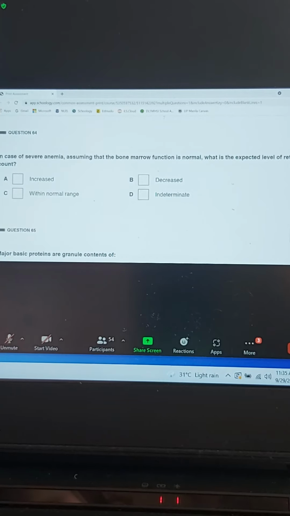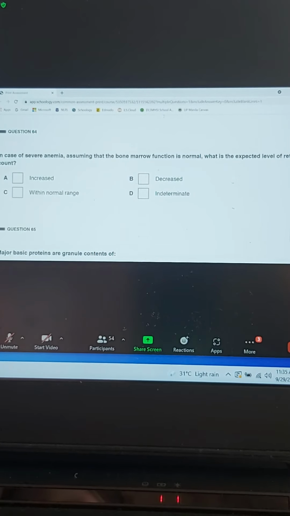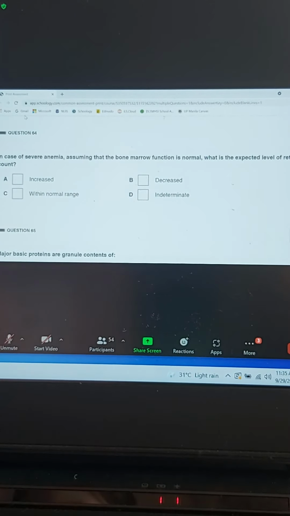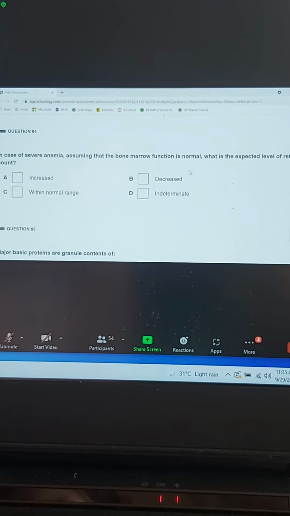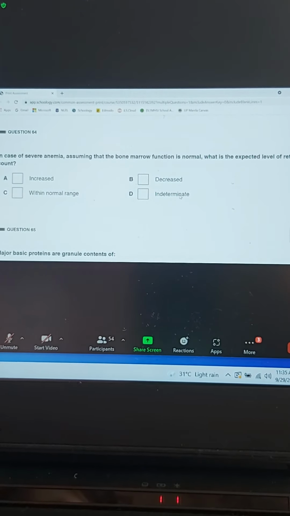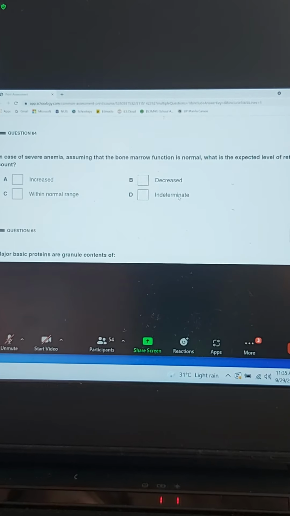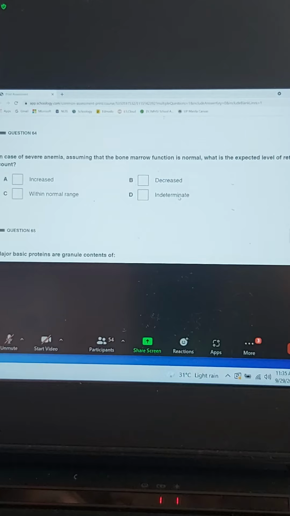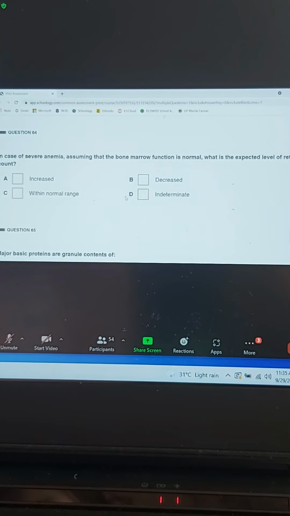Okay, so that is the normal response of the bone marrow sa ating increased demand for red blood cells because bumababa nga yung oxygen carrying capacity ng blood. Ngayon, kapag may severe anemia ang ating patient, tapos within normal range or even decreased ang ating reticulocyte, so that is a bad sign, no? Na ibig sabihin, hindi talaga nagre-respond yung bone marrow.